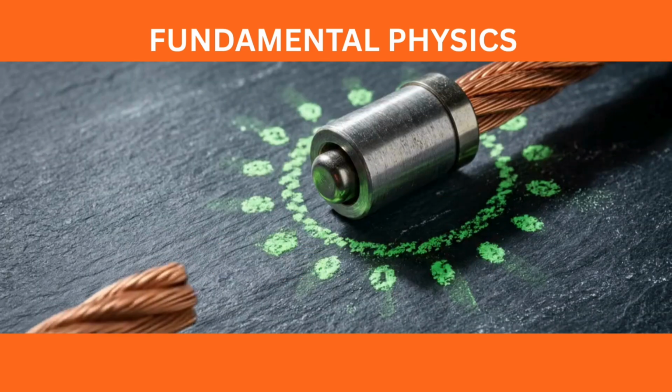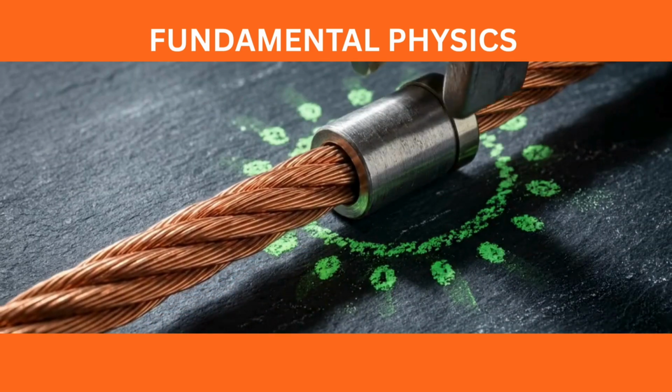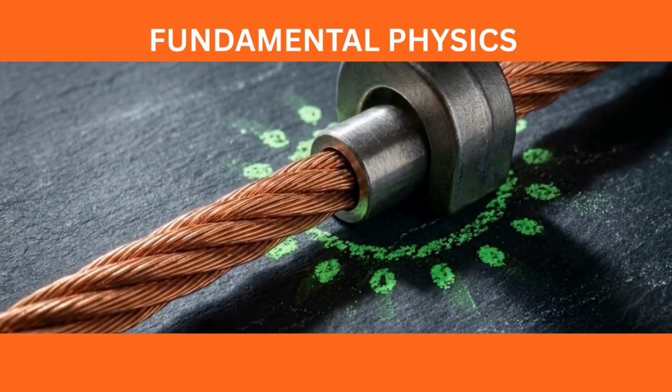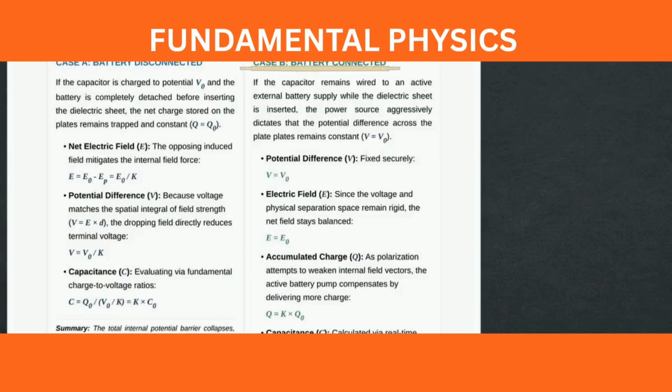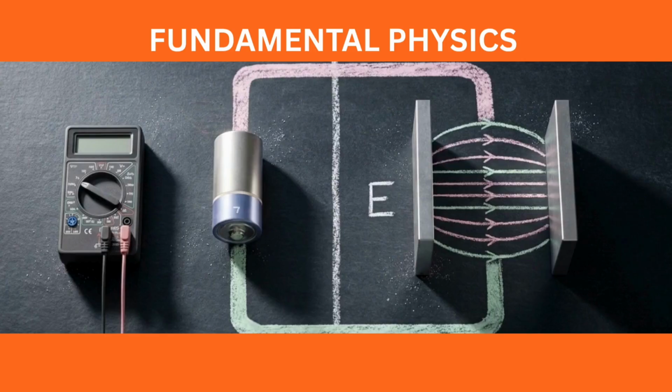Now we pivot to case B, where the capacitor remains wired to an active battery while the dielectric is inserted. The presence of a power source fundamentally changes the mathematical requirements. Here, the battery dictates that the potential difference across the plates remains constant at V0. We must now evaluate how the net electric field behaves under these fixed voltage conditions.